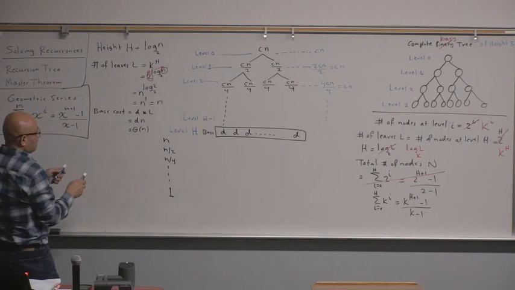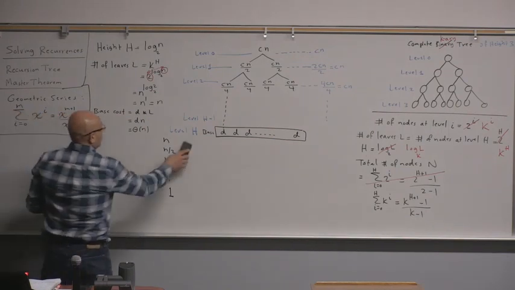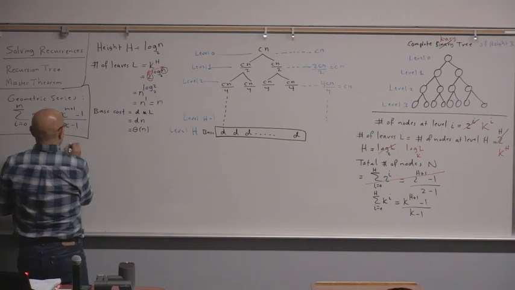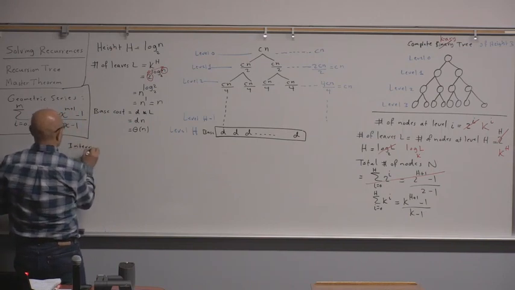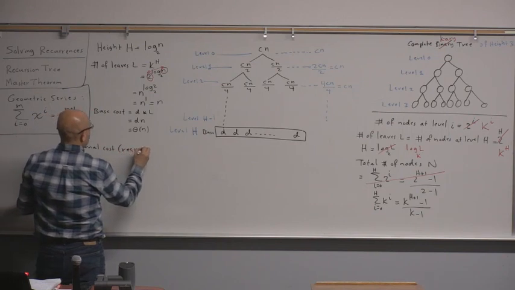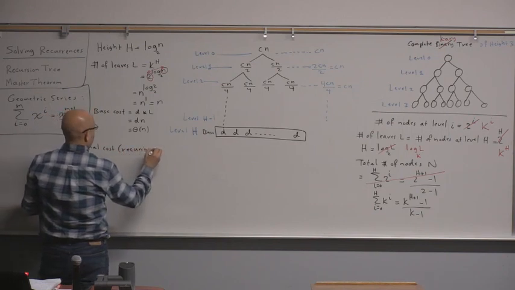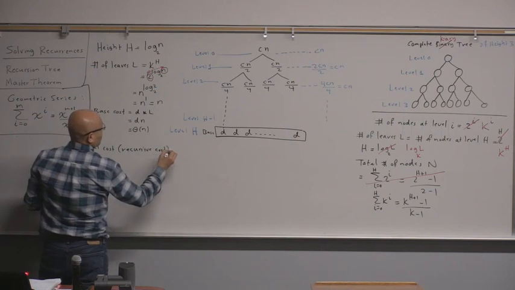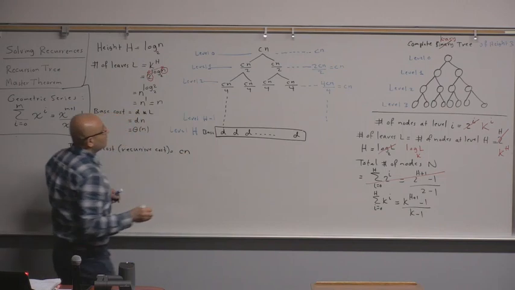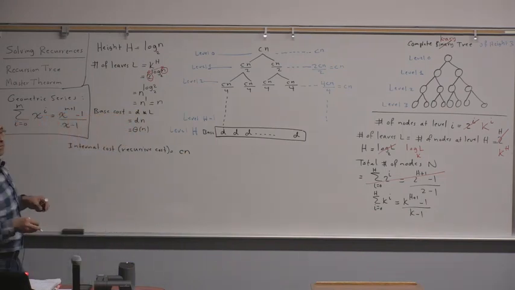So this is the base cost. The internal cost, or the recursive cost, equals Cn times the number of internal levels.